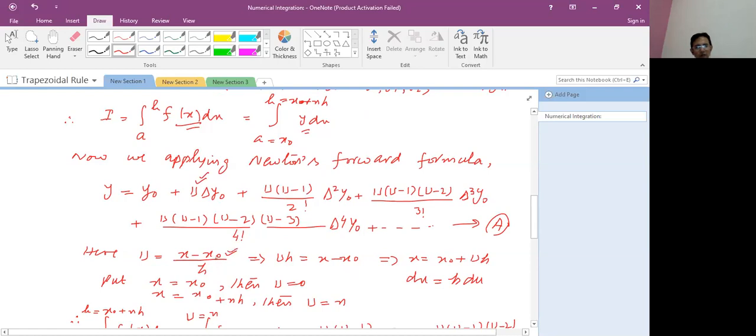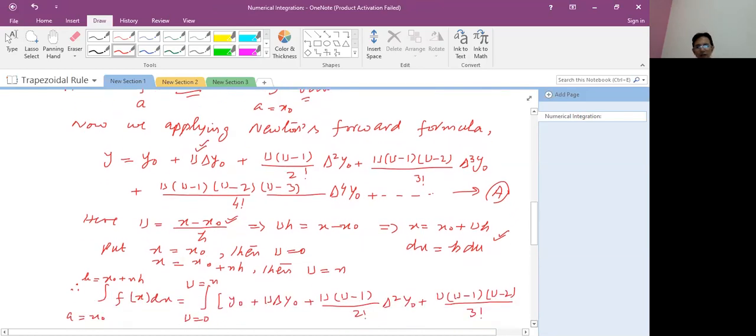Multiplying, uh equals x minus x0, and shifting x0 to the left-hand side, x equals x0 plus uh. In the next step, we find the derivative of x with respect to u, which means dx equals h du.